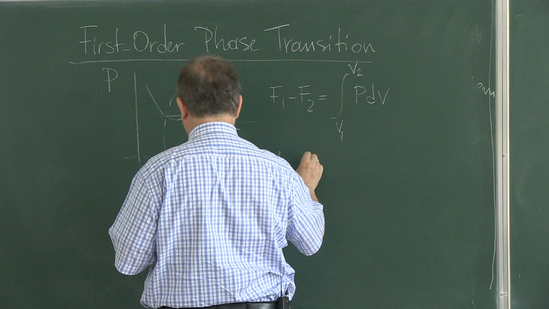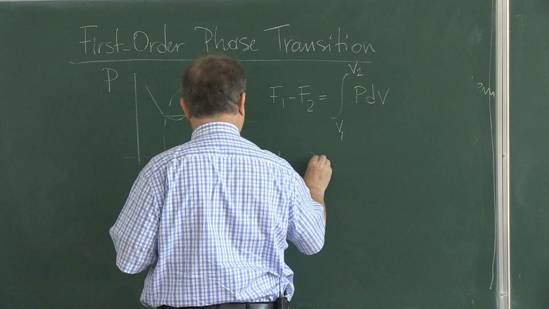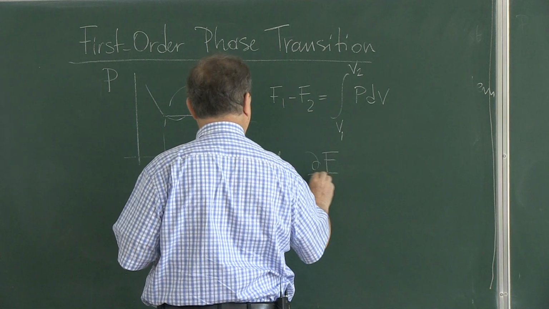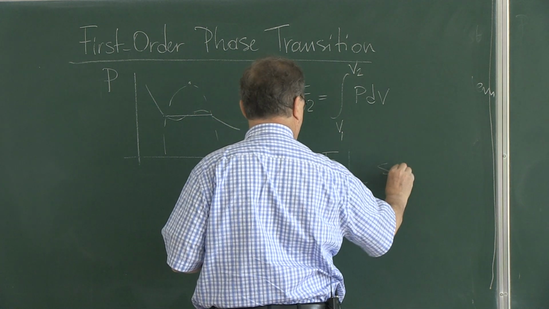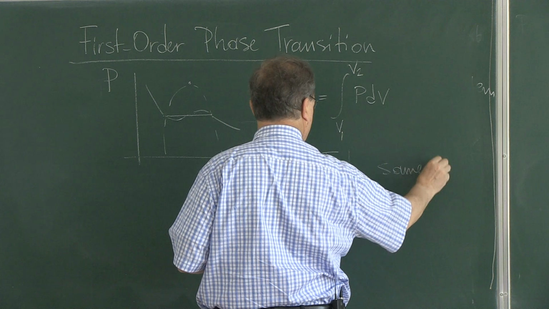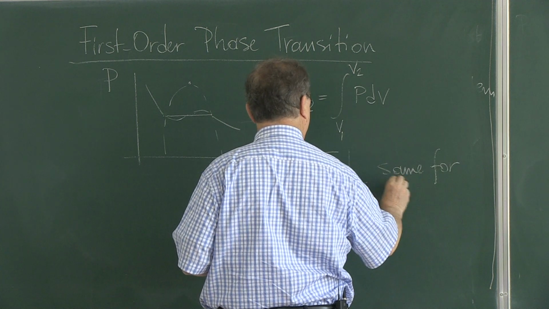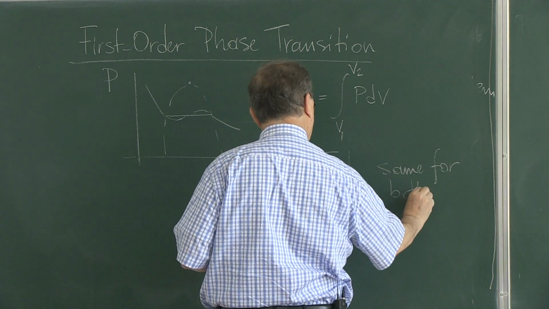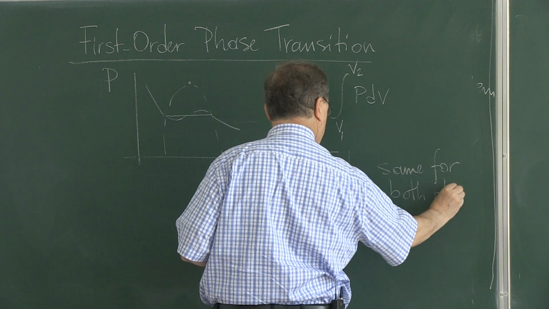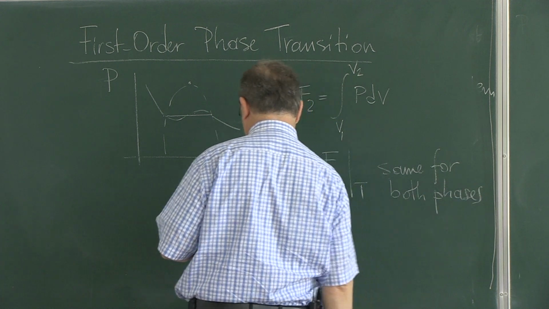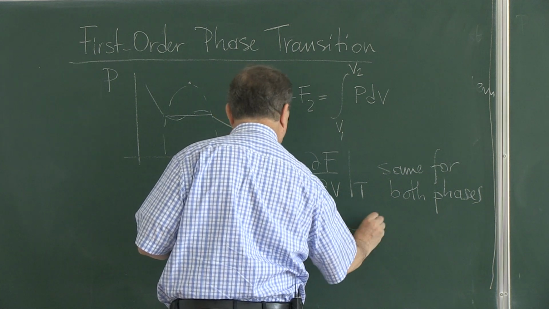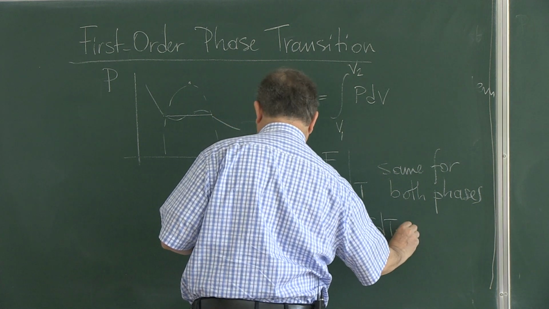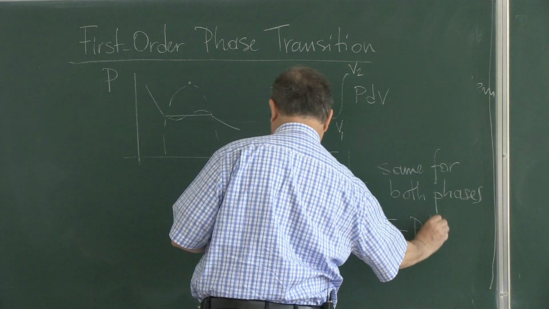Well, the meaning of the common tangent is that ∂F/∂V at constant T is the same for both phases. But dF, we know, is minus S dT minus P dV.